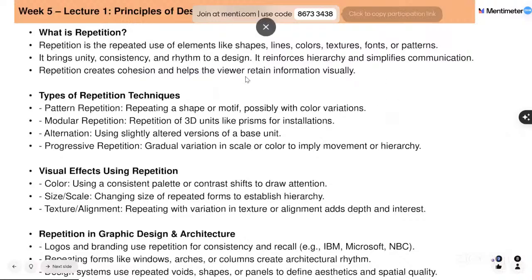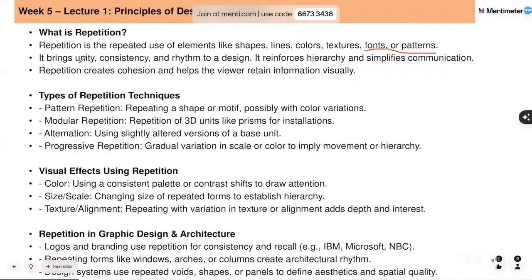So in lecture 1, which is Principles of Design, we have seen what is repetition. So repetition is the repeated use of elements such as shapes, lines, colors, textures, fonts, or patterns. Because of using repetition, what happens?